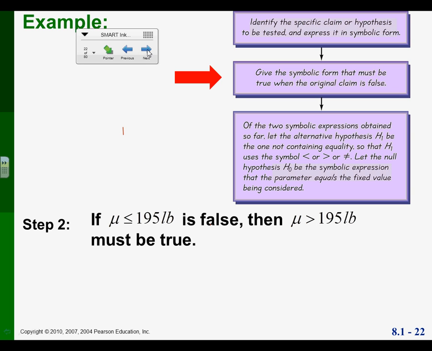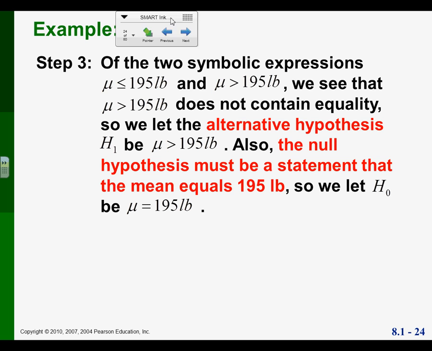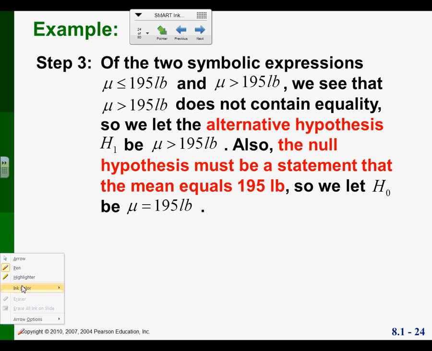Alright, let's try the third one. Step 3. Write down the alternative and the null hypothesis. So this statement right here, mu greater than 195, does not contain the equality, so that would be the alternative hypothesis.